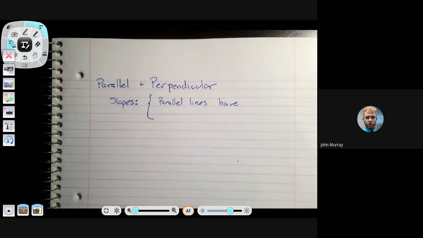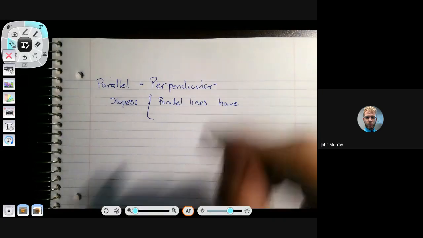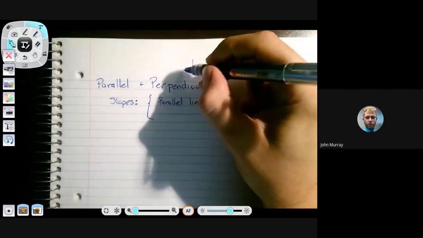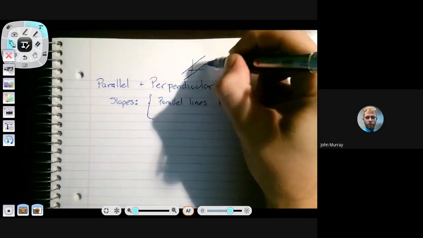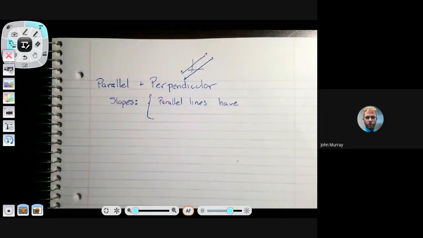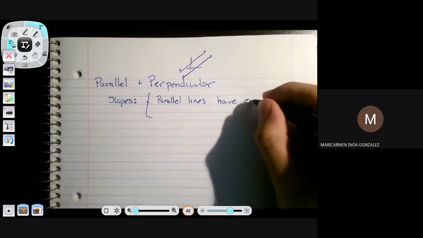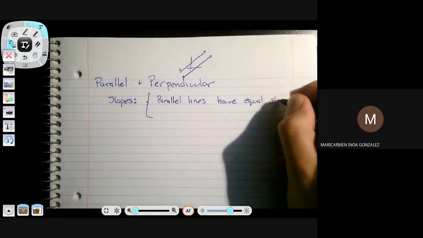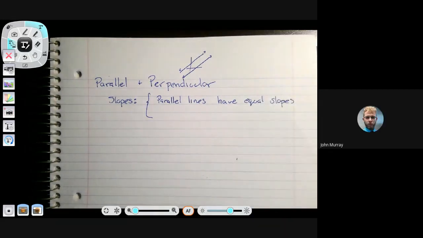What should they be? If I have 2 lines that never touch, they go in the same direction forever and ever. What do we know about their slopes? Undefined? Not undefined. No, they have the same. There we go. The same slopes. In math, they have equal slopes.